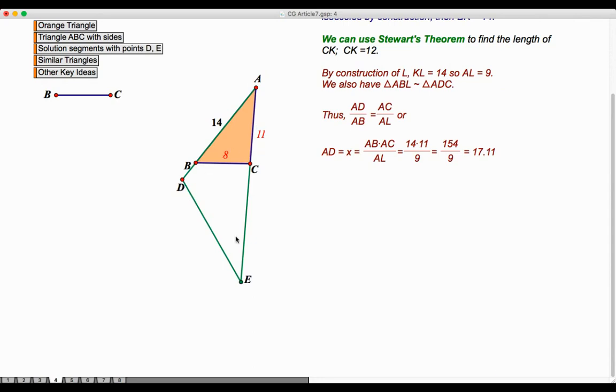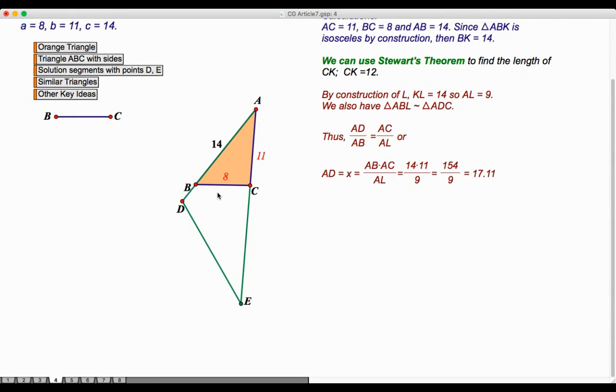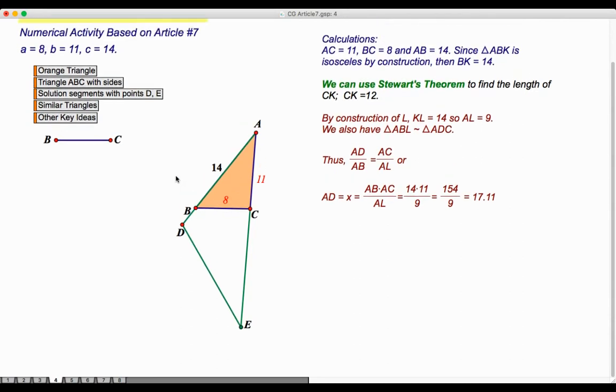So points D and E are both outside the triangle. And how are we going to do this? So here's the thing that we can do, okay? AB is equal to 14, BC is equal to 8, and AC is equal to 11, okay?